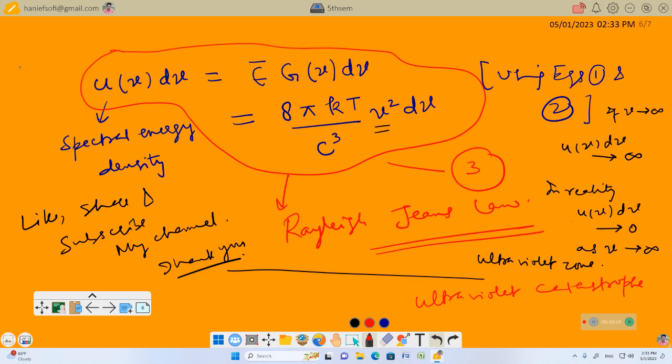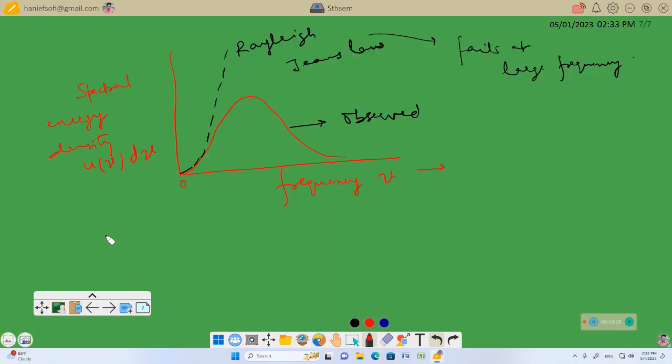And if you talk of the radiation rate, that means the energy radiated by the black body per unit time, that radiation rate is proportional to this spectral energy density. So what holds true for the spectral energy density, same will hold true for radiation rate.